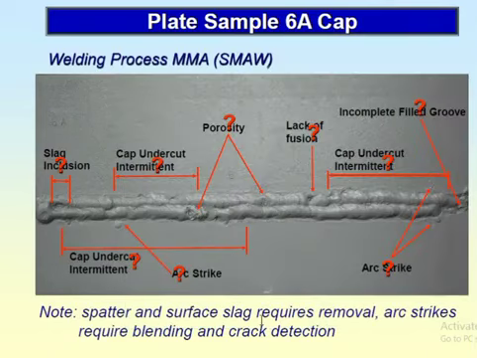Now you can see here the plate sample 6A. This is one of the samples. When you are getting the plate, it's mentioned 6A. This is the identification number of the plate. Now this is the cap, you can see here cap. So what is the process? SMAW. So this is the welding process.